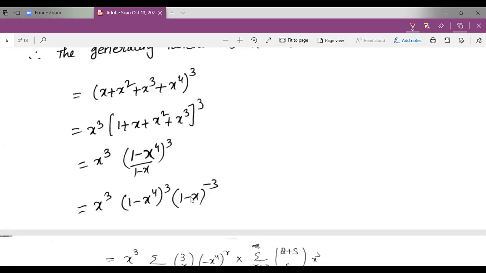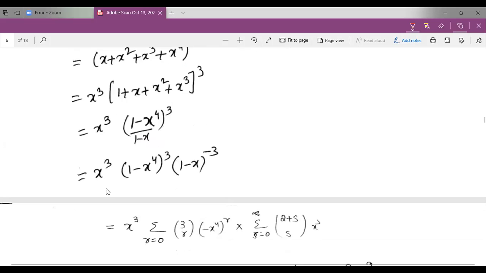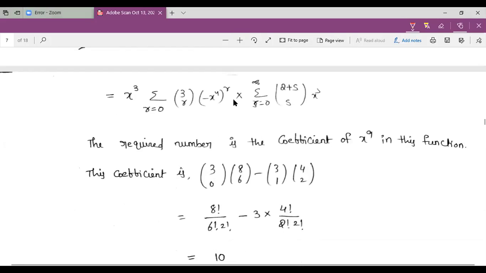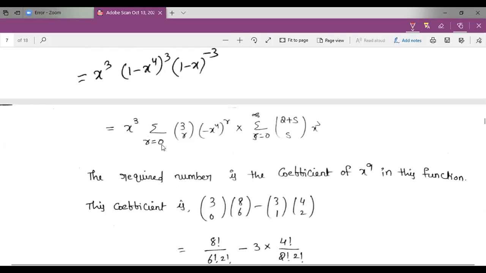So what is the formula for this function? So summation x cube into summation r is equal to 0 to infinity, 3Cr, minus x power 4 whole power r, into summation s is equal to 0 to infinity. Here the power value is minus, so the formula is n plus s minus 1 C s.